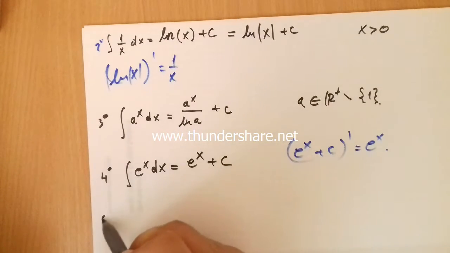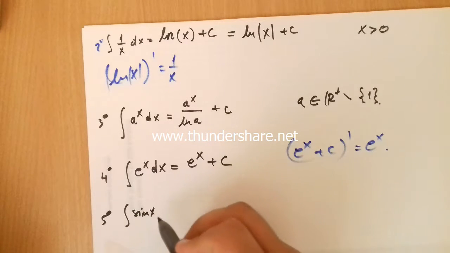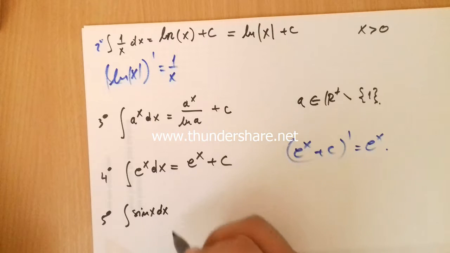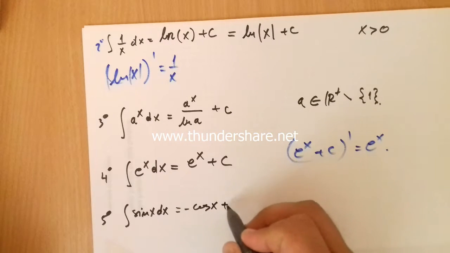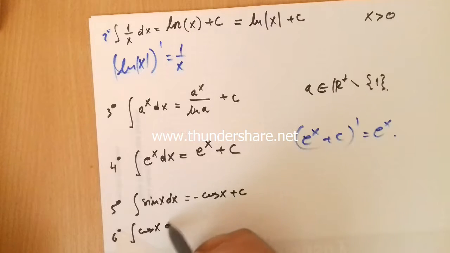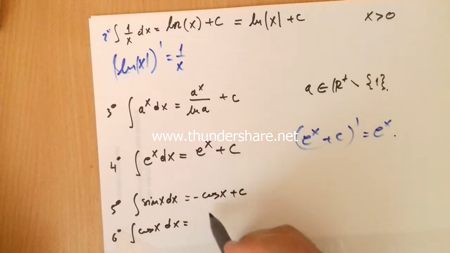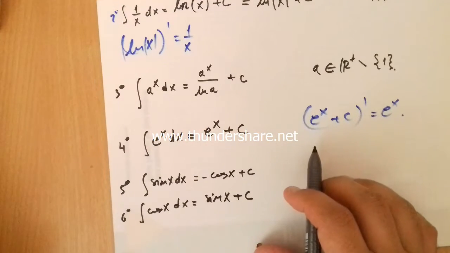The fifth integral is the integral of sine of x dx, which is minus cosine of x plus c. The sixth one is the integral of cosine of x dx, which is sine of x plus c.